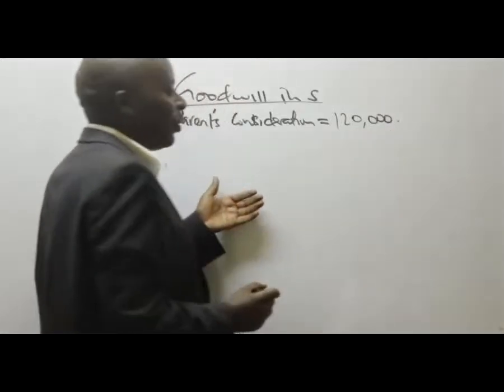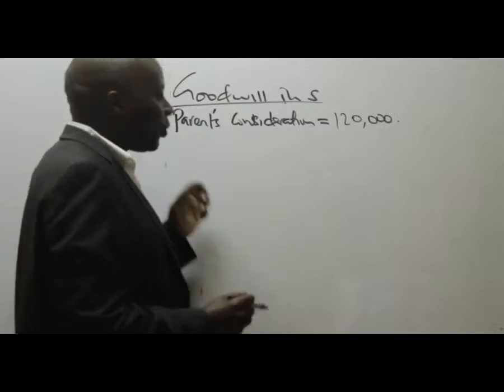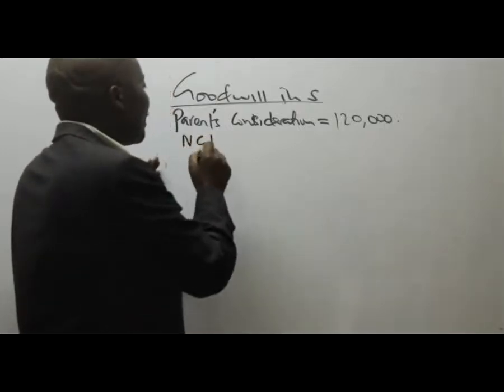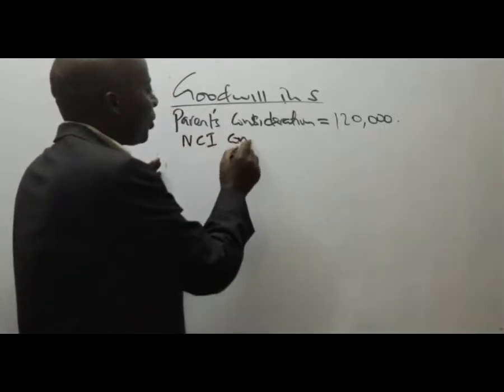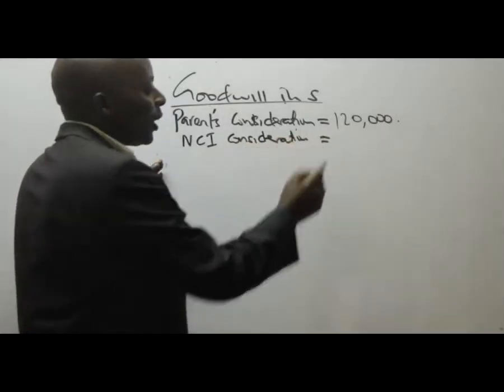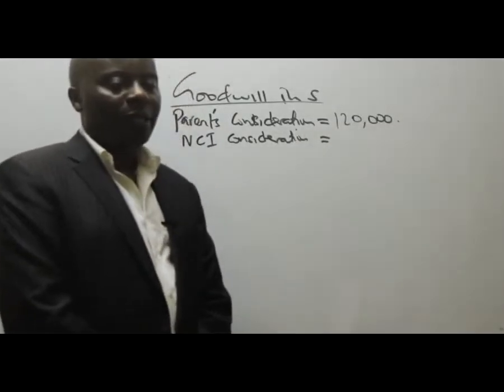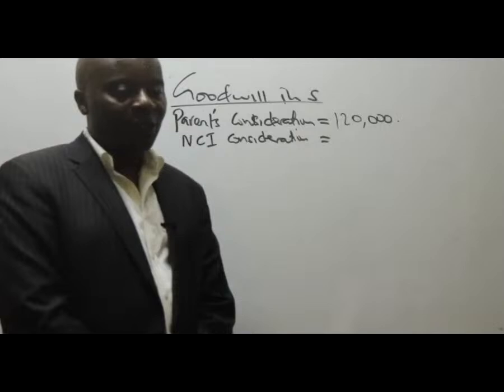The parent never bought 100% of this. There's another party who came on board. So then we have here the NCI's consideration. Is there anybody who can give me a figure for NCI's consideration?